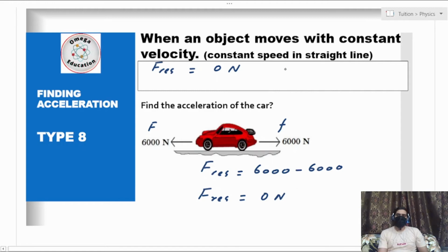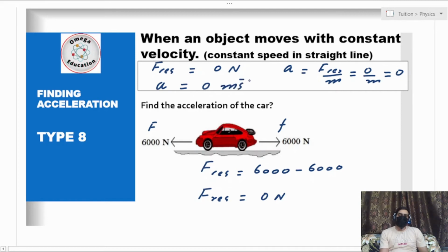Now if you try to find the acceleration, F resultant over m, your answer would be 0 over m, and eventually your answer would be 0. So when an object moves with a constant speed, constant velocity in a straight line, the acceleration would be 0.